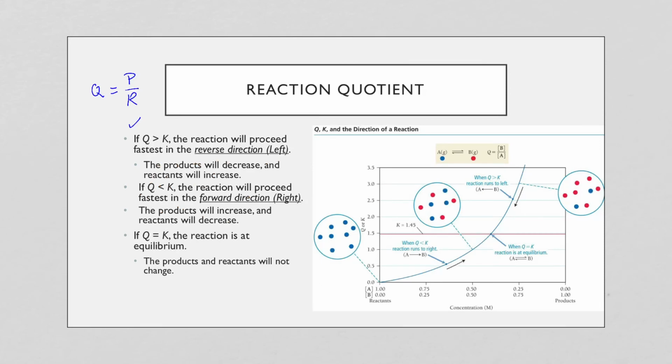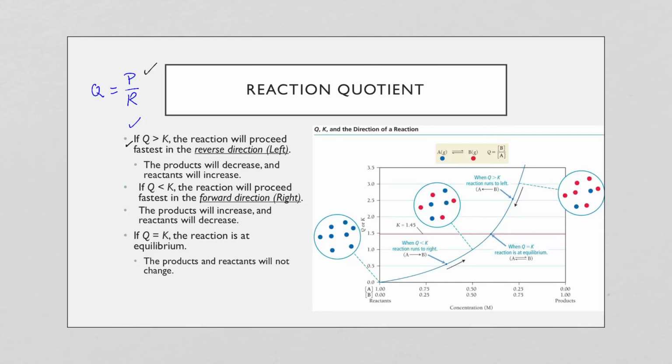So let's look a little bit more at Q. Remember, Q or K, it's always products over reactants here. So if Q is big, if we solve for Q and we get a value larger than K, what does that tell me? We need to get this ratio to be smaller. And the only way to get that ratio to be smaller is if we lower the products and raise the reactants.